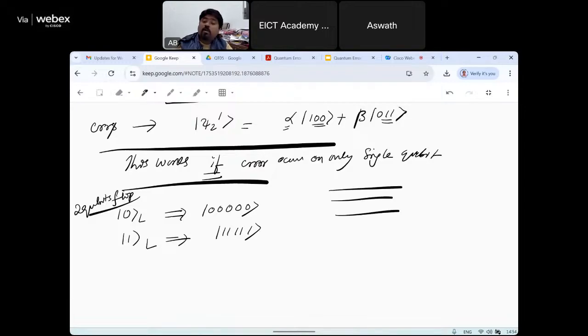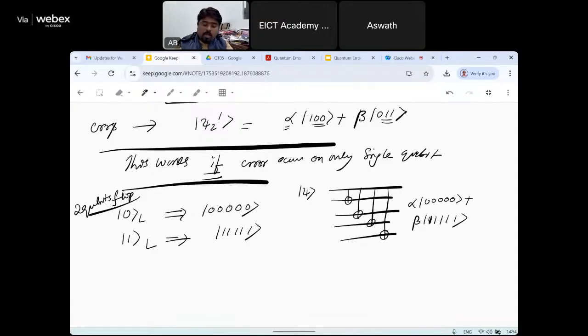So instead of having only two ancillary registers, I'll take two more ancillary registers. So there is a C naught, a C naught, a C naught, a C naught. So the output would be alpha 0 0 0 0 0 plus beta 1 1 1 1 1.